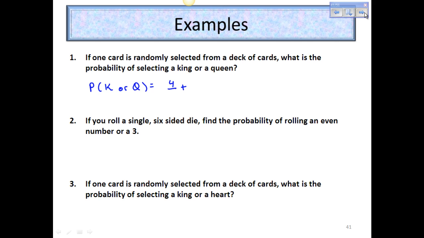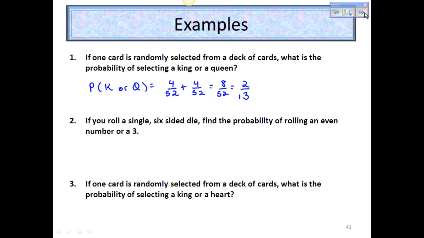The probability of a queen is 4 over 52. Can you select a king and queen at the same time if you're only selecting one card? The answer to that question is no. Therefore, we can just add these together. That's 8 over 52, and reduce that to 2/13.